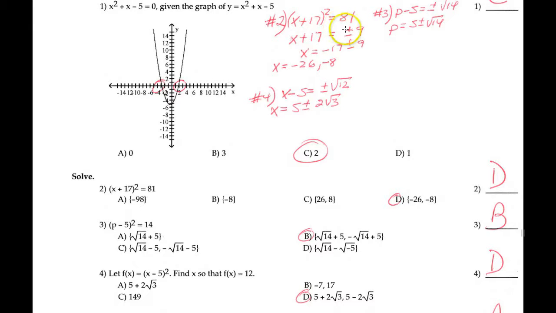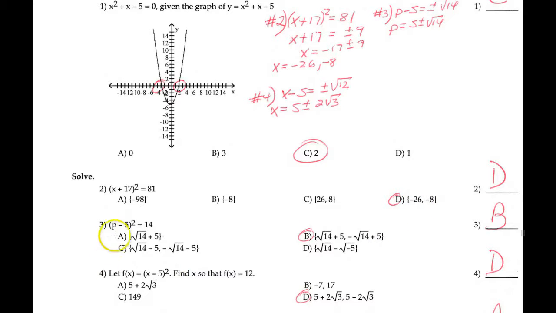We transpose the 17, get a -17, plus or minus 9. -17 and a -9 is a -26, and -17 plus 9 gives us an 8. So there are our 2 answers right here.